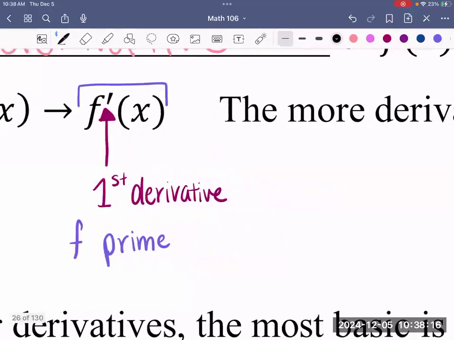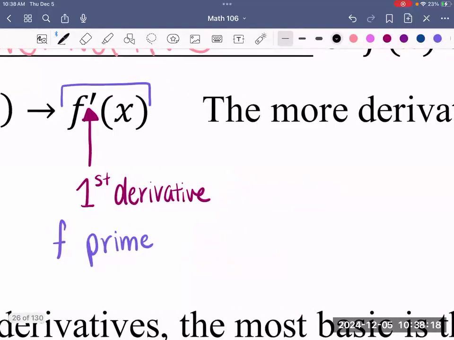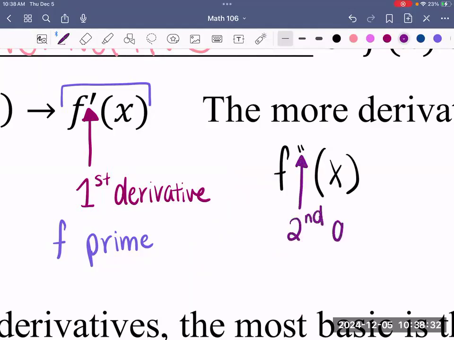And we just talked about, hey, you can keep taking the derivative. So if we had more of these little prime symbols, this is the second derivative now. You have two of those little prime symbols. This is the second derivative.